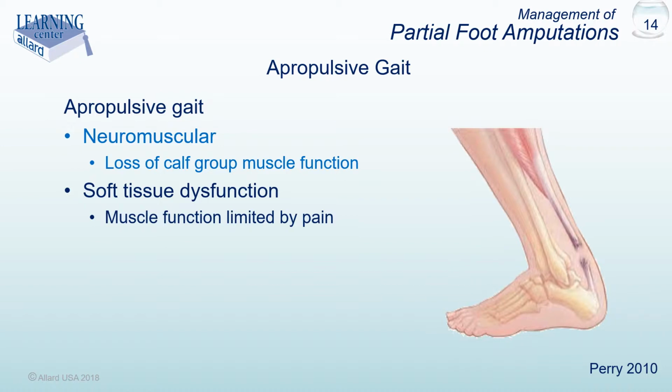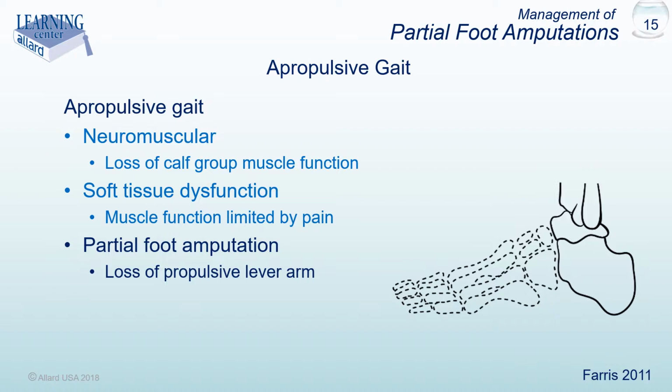The second broad category is associated with soft tissue dysfunctions such as Achilles tendonitis or tendinopathy. Posterior tib tendon dysfunction and plantar fasciitis also fit into this category, where power crossing the ankle is limited or restricted by pain. This leads to compensatory mechanisms during gait that are very similar to those caused by a CVA.